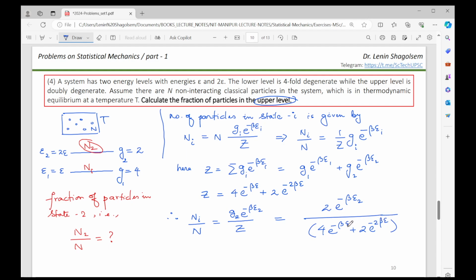So this can be further simplified to this one by 1 plus twice e to the beta epsilon. Okay, you can just simplify.